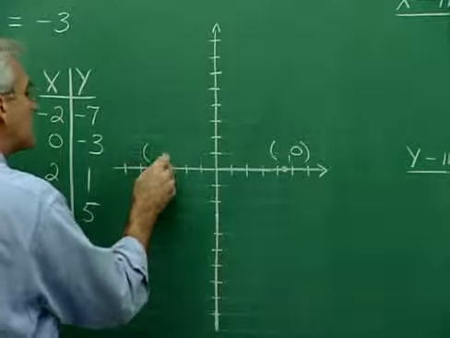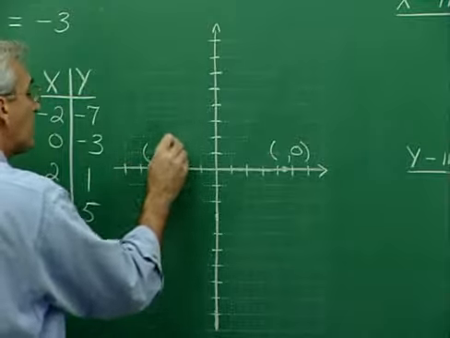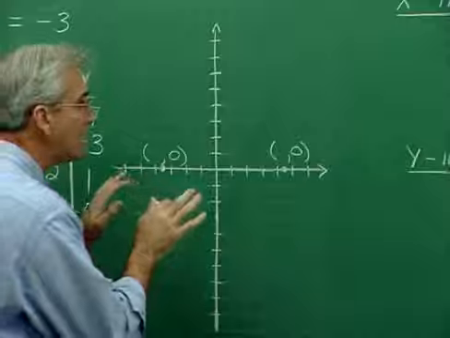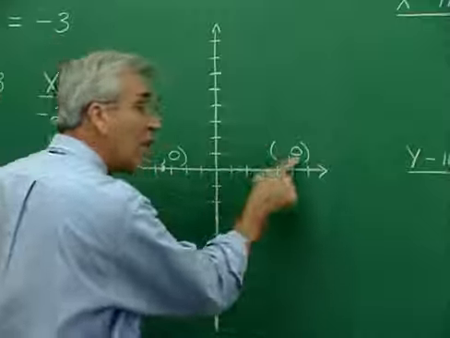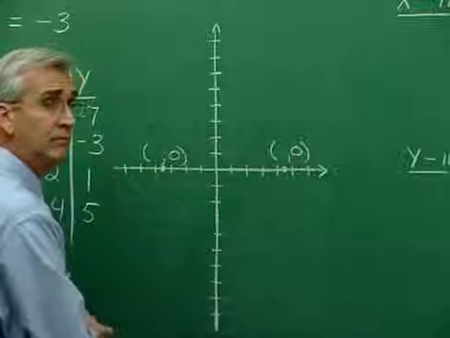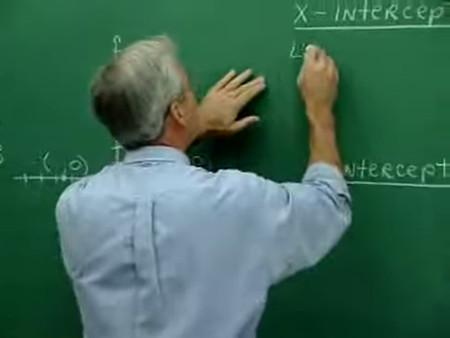We have coordinates. The x component is something. The y component is going to be 0. Now that tips us off as to how we find x-intercepts. We find x-intercepts by letting y take on the value 0 and then solving for x. So up here for the x-intercept, we let y be 0 and solve for x.